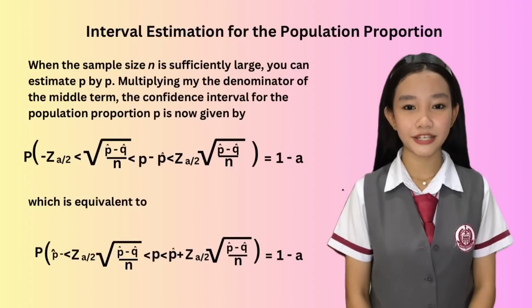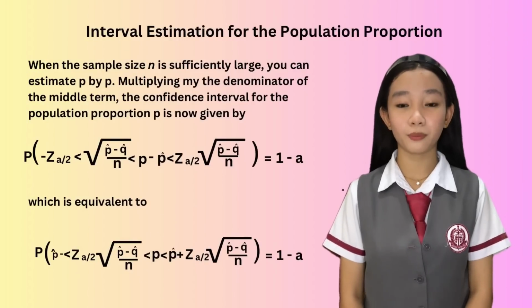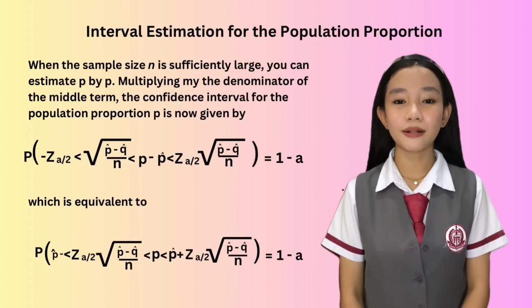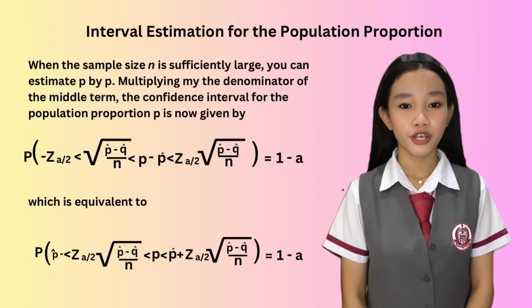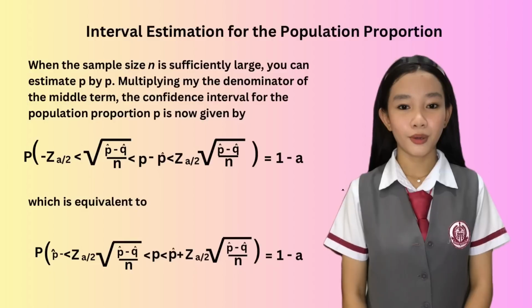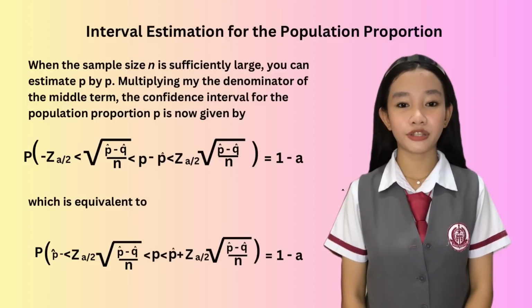So now, let's proceed to interval estimation for the population proportion. When the sample size n is sufficiently large, you can estimate p by p̂ in the denominator of the middle term.